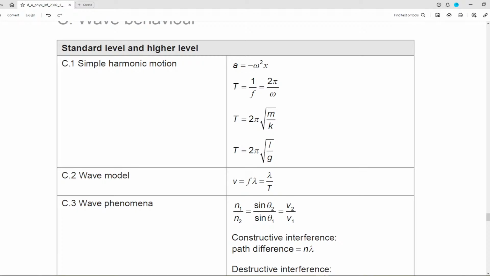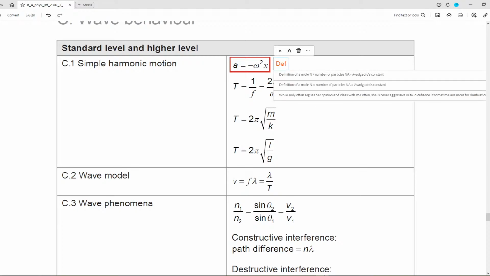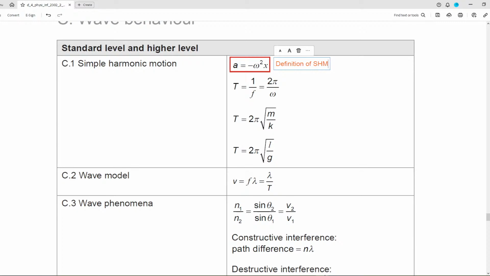The first one is the definition of simple harmonic motion. It's any motion that obeys this property. This is the definition of SHM. It says that the acceleration at any given moment is opposite and proportional to displacement. x is displacement from rest, so stretch or compression doesn't matter.